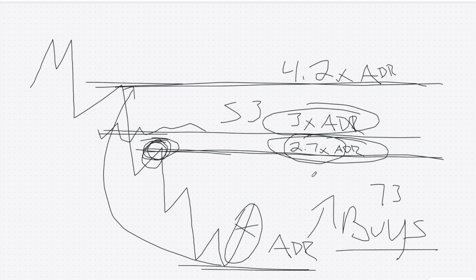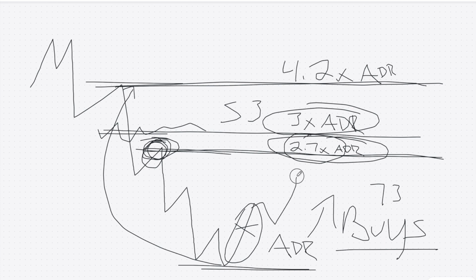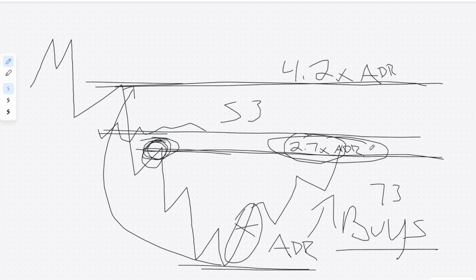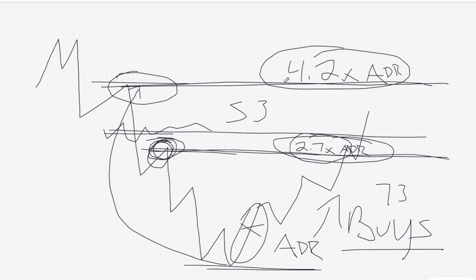What this allows me to do, guys, once you get consistent enough, is this: if price action comes up and gets to 2.7 times ADR, and we don't get a peak formation high like this, and we end up getting another buy, that tells me there's a very good chance that we're going up to 4.2 times ADR, because price is attracted to orders.